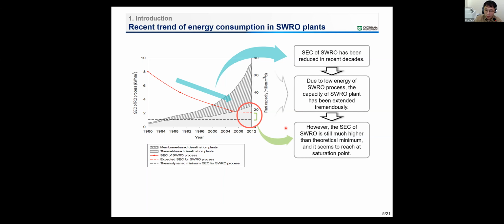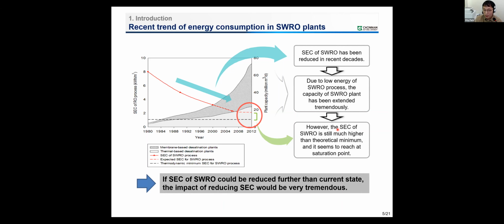However, as you can see, the SEC of SWRO looks quite saturated, and compared to the theoretical minimum energy, there is still room to reduce the energy consumption further. If the SEC could be reduced further than the current state, the impact would be very tremendous because the plant capacity is very large.